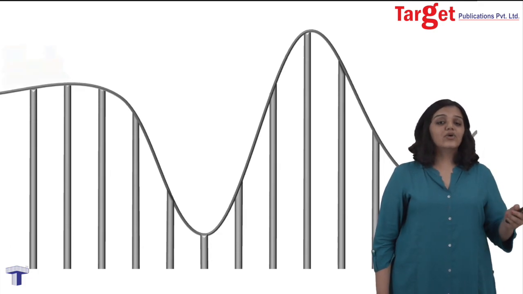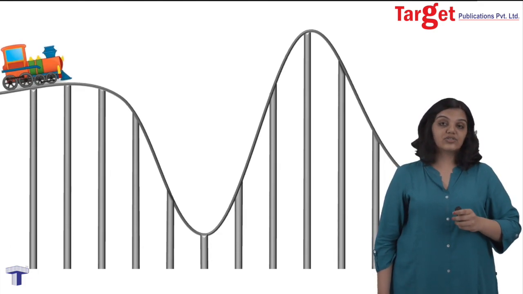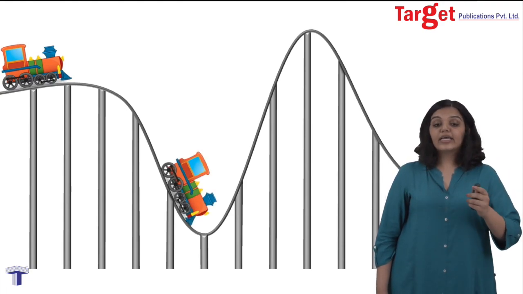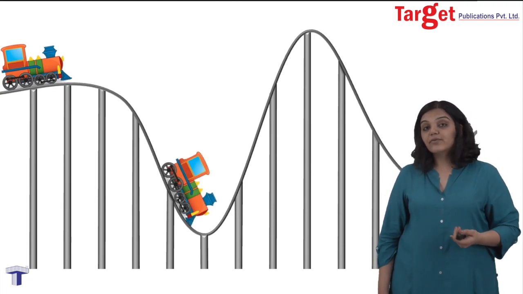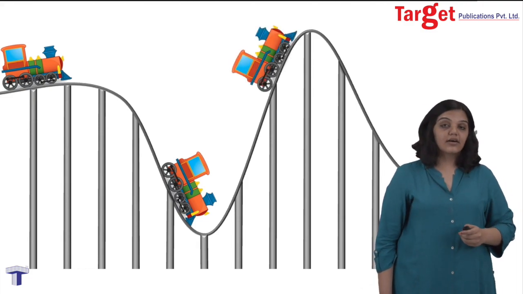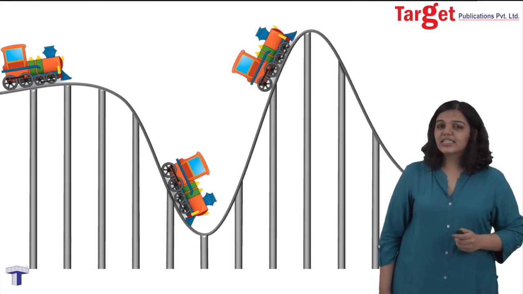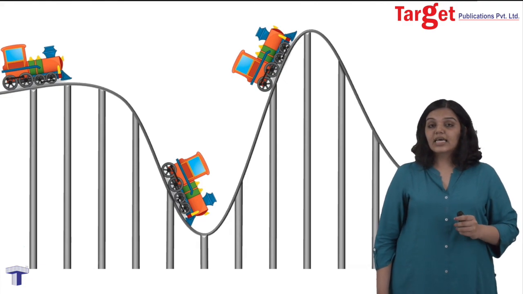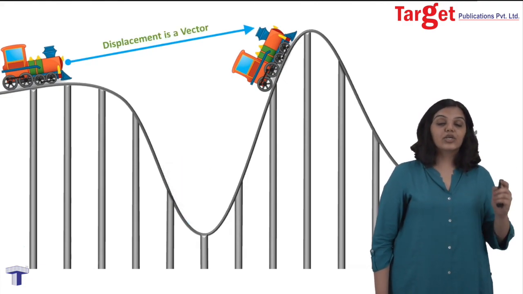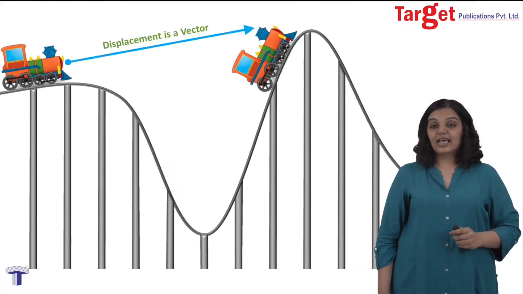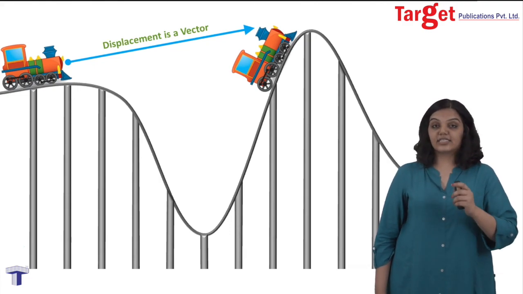For example, take a look at this train going down a roller coaster track. It begins at some point, after some time it's at a different point, and finally it reaches this third point. So what is the displacement in this example? It's the vector drawn from the initial position to the final position. And as such, displacement is a vector.